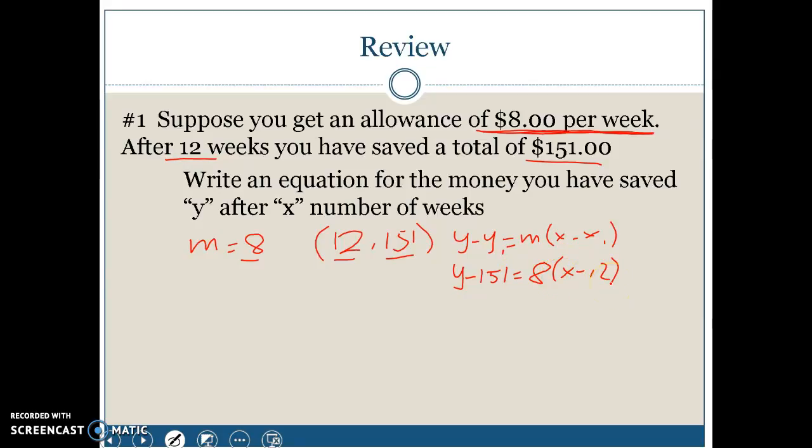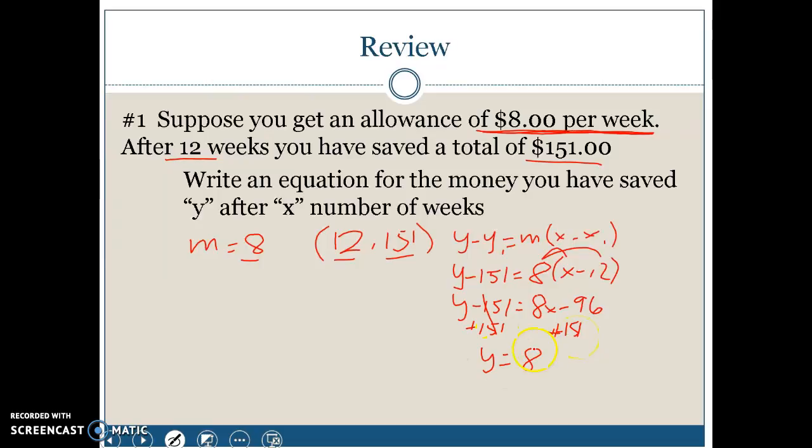I'm going to solve this for y to get it into slope-intercept form. I will have y minus 151 equals 8x minus 8 times 12, which is negative 96. Then I want to get the y by itself, so I'm going to add 151. Sorry, that's so sloppy.